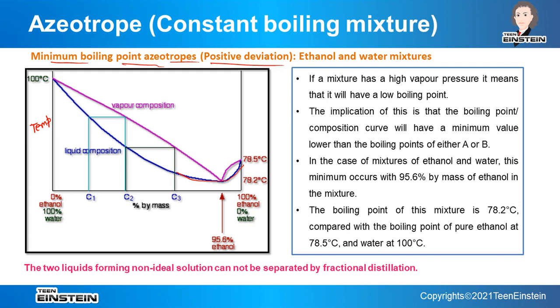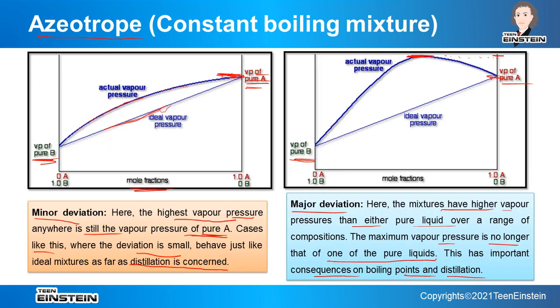Positive deviation we observe when there is high vapor pressure, higher than the ideal line. So just look at the previous graph. Here the actual vapor pressure is highly, that is positively, deviated. That means the vapor pressure of the mixture is high.